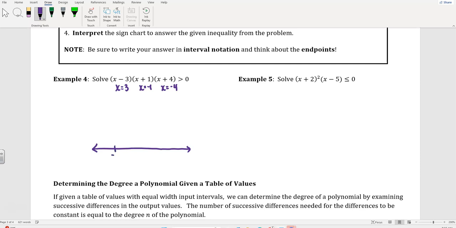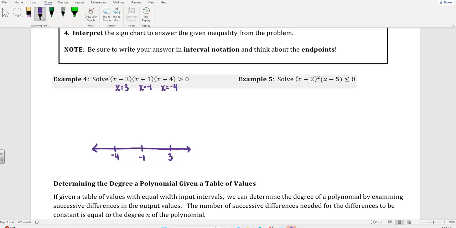So you need the lowest over here, so you'll have negative 4, negative 1, and 3. There are two ways that you can do this. You can just test points, or you can make a chart where you test each individual factor.